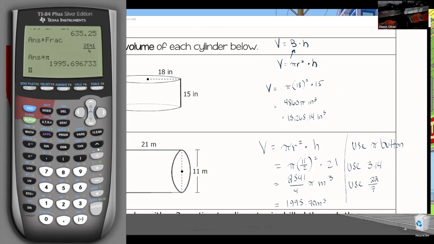So if I hit pi, it's going to give me all my decimal points out, right? So I know 3.14 is leaving off at least the rest of those, and then 22 divided by 7 is similar. It's going to get you approximately there, but you can see 3.14159265 and 3.142857. That's why all of these are just approximations. This guy up top, that is exact, and we love being exact.